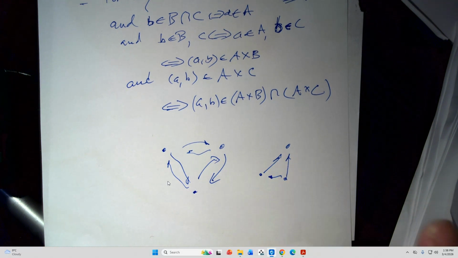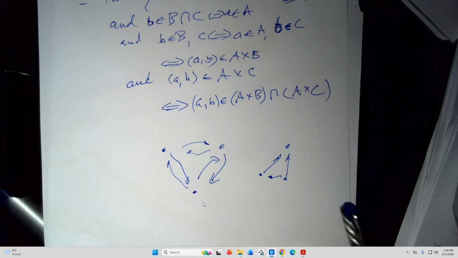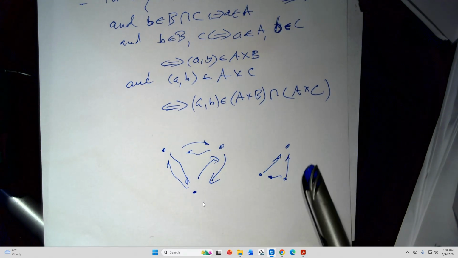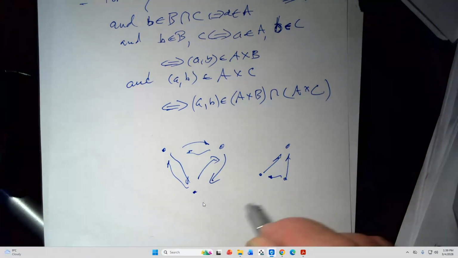A transitive relation means you can close the digraph. A transitive relation is one such that if any one element is related to a second element, and the second element is related to a third element, then the first is related to the third. I drew it backwards here, but you get the idea.